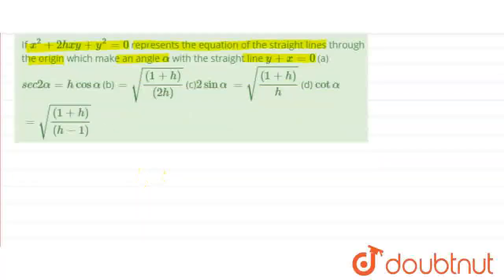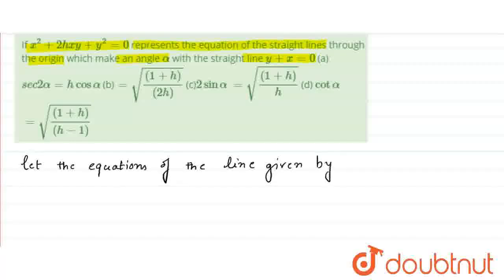So let's see. Let the equation of the lines given by x square plus 2hxy plus y square is equal to 0 be what?